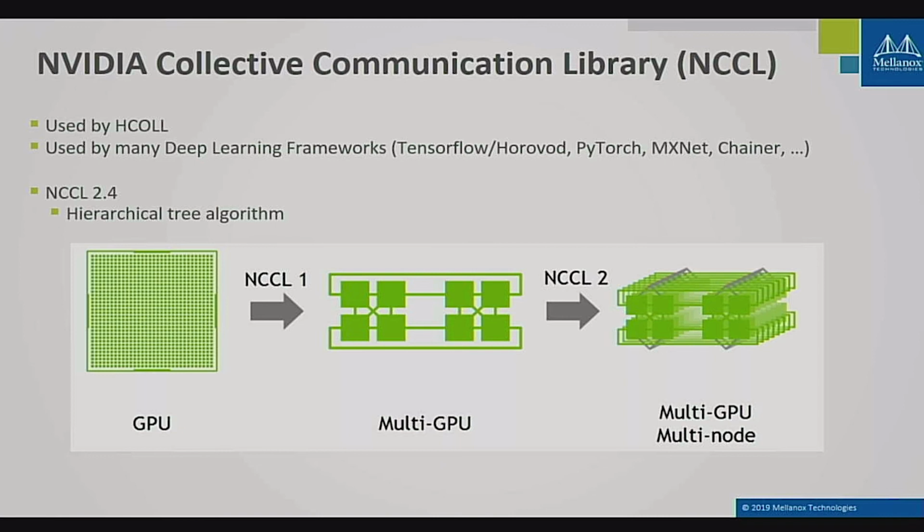It was supposed to have all the tunings and everything needed to utilize the NVLink, connecting those GPUs in the most efficient way, because NVIDIA has all the information and can implement it the easiest. The second version was going out of the box and allowed connectivity between multiple boxes using RDMA as the basic technology to connect those GPUs.